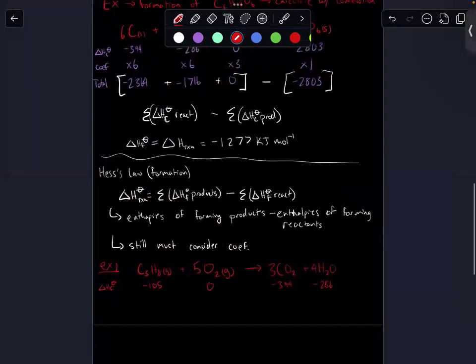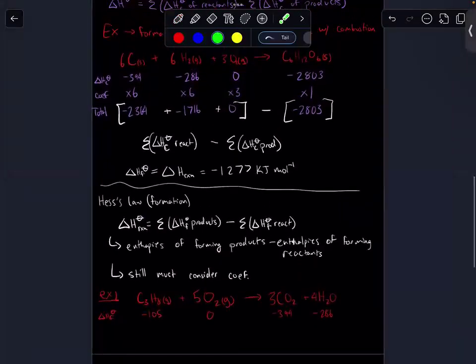If we go ahead and look back up, you'll notice some parallels. Carbon to turn into CO2 via combustion is negative 394. Therefore, the formation of carbon dioxide, so if we go here, to burn produces 394.